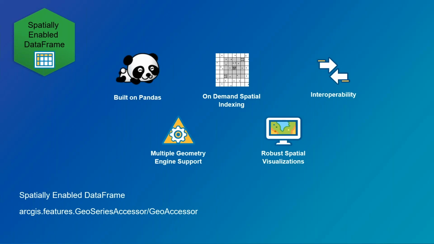It's really good for interoperability, so you can consume a whole bunch of formats: GeoJSON, feature services, any format that you can consume in ArcPy as a feature class, you can consume within the spatially enabled data frame, and it also has a robust visualization library.